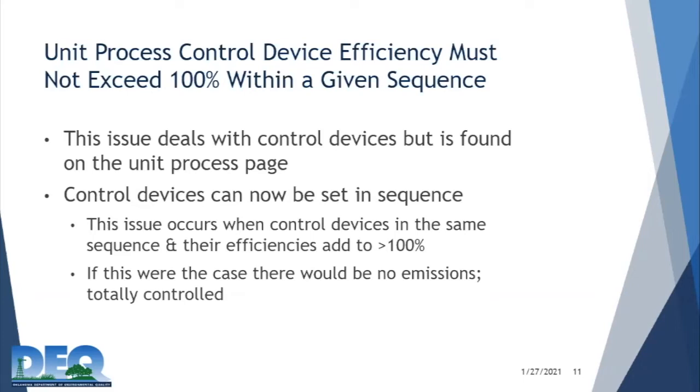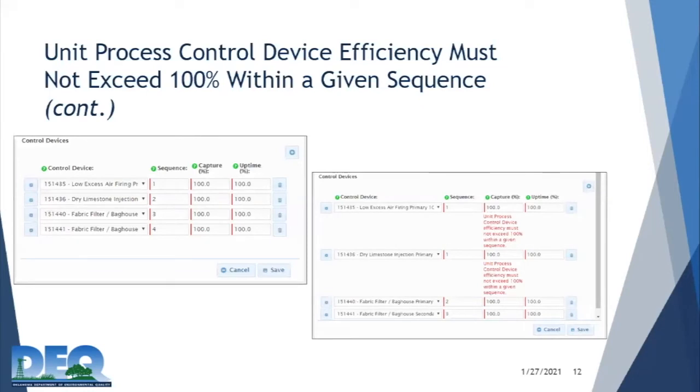Right, so here on this next slide, we've got an example of this. Let me walk you through it. On the left-hand side, you can see we have 4 control devices. They are each in their own sequence. We've got sequence 1, 2, 3, and 4. So it is appropriate for each of those to have a 100% capture efficiency. On the right, this is where we have that error message popping up.